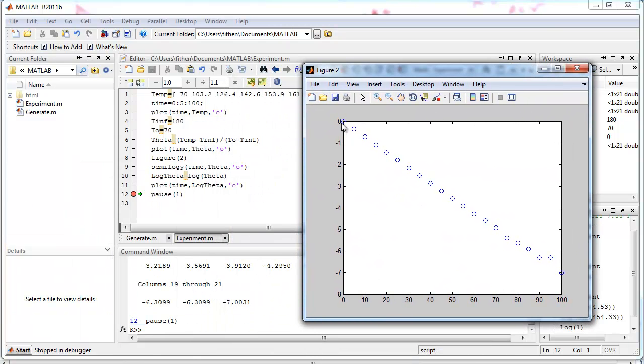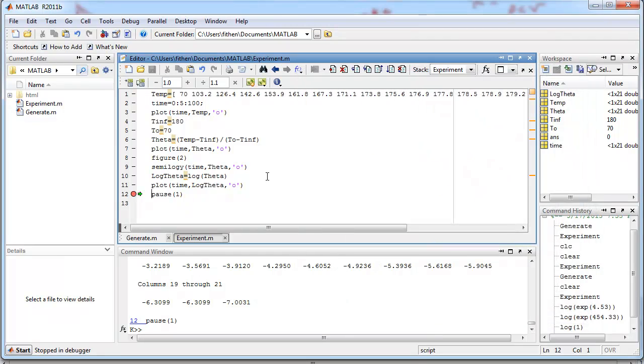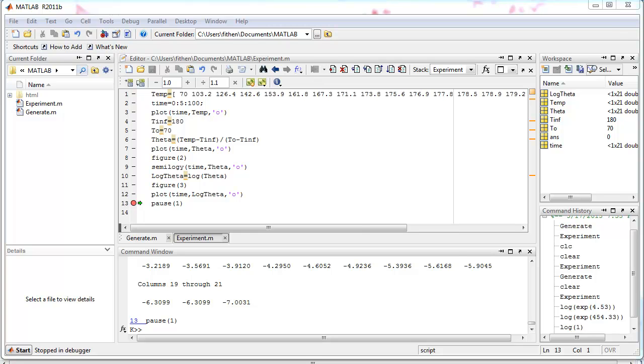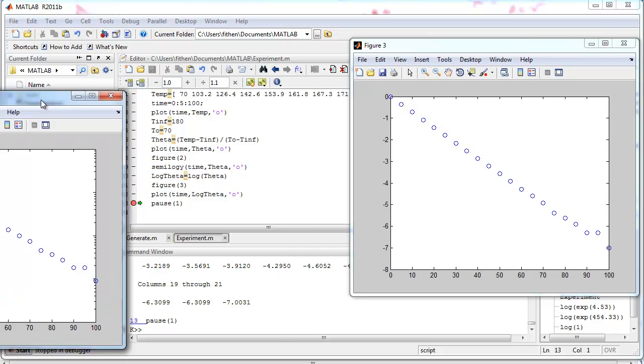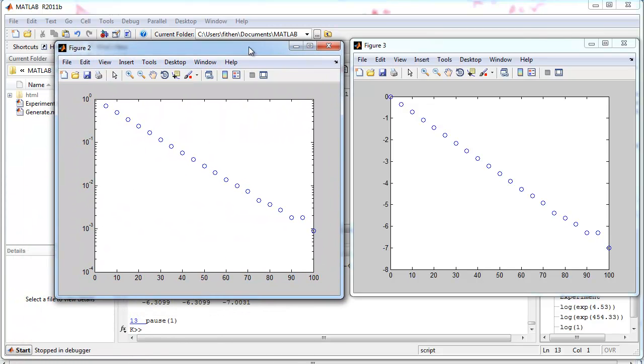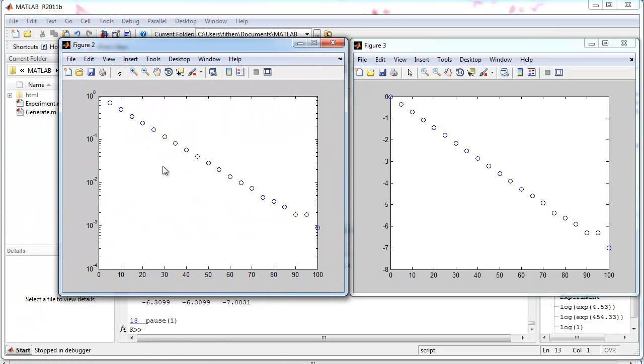This is the power of the value all the way down. So let's compare two plots here. What I'm going to compare is figure 2 to figure 3. Let's bring figure 3 in here and look at it right here, and let's bring figure 2 and look at it right there.